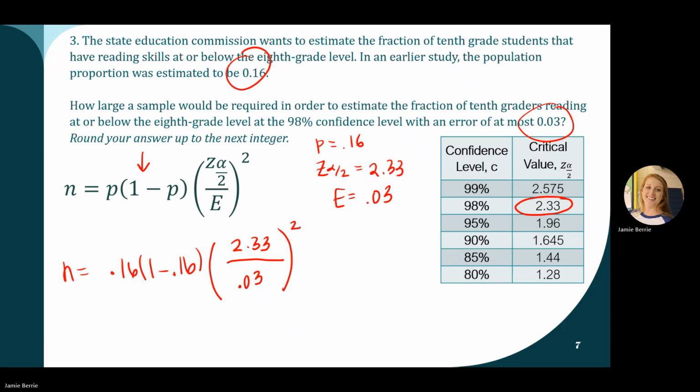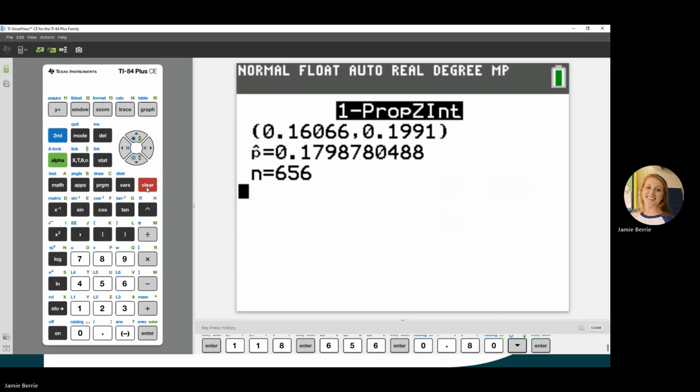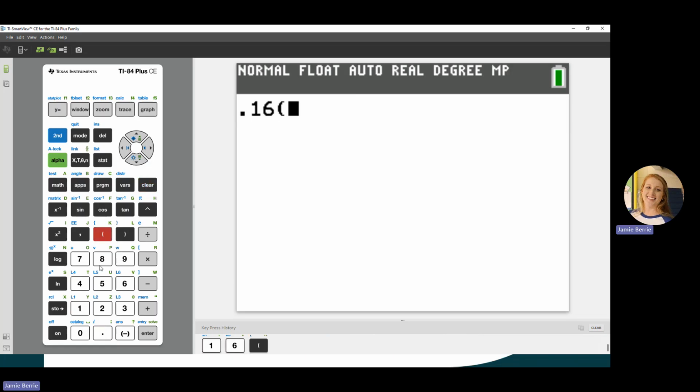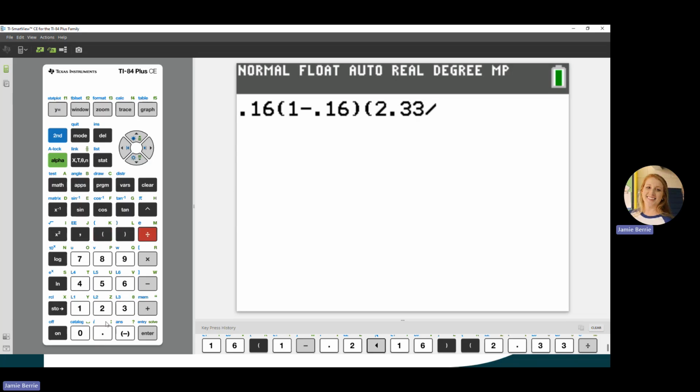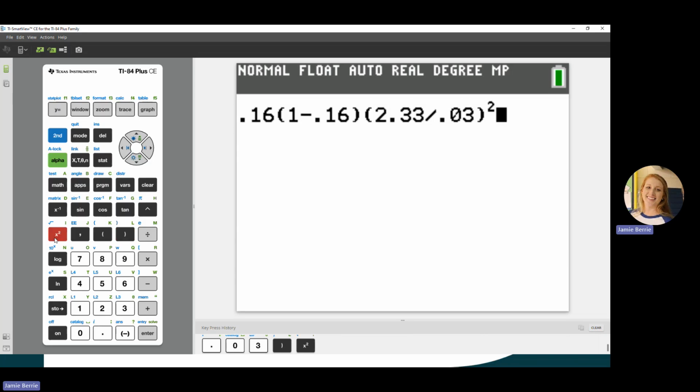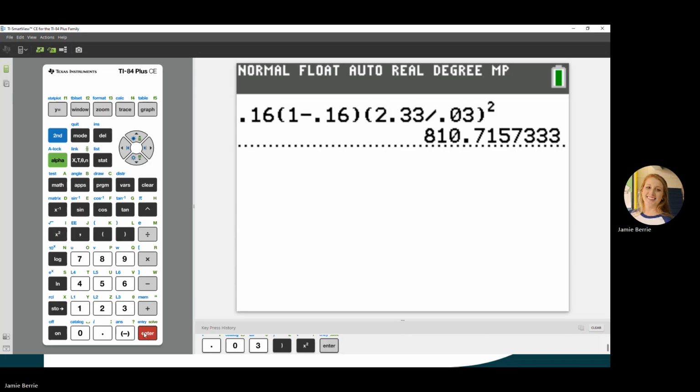So let's grab our calculator. Clear that out. 0.16 times 1 minus 0.16, close parentheses. Open another set, critical value over margin of error, close parentheses, squared. Boom. And remember, the way this works with the minimum sample size formulas, you always round the number up.